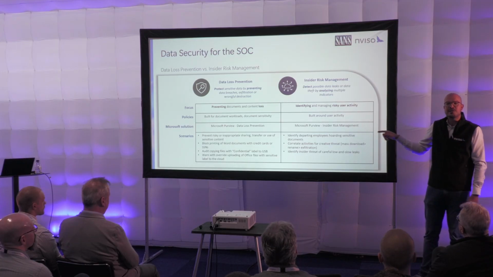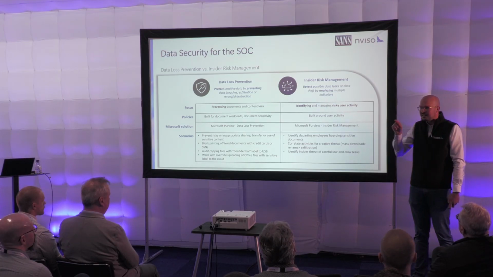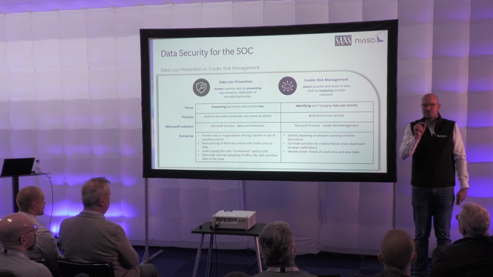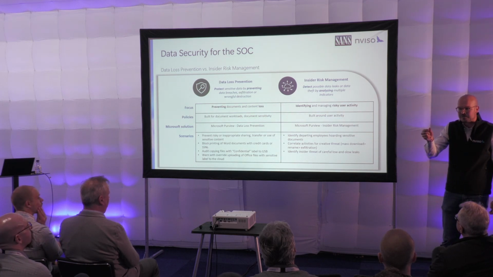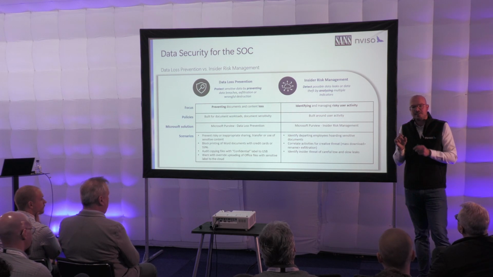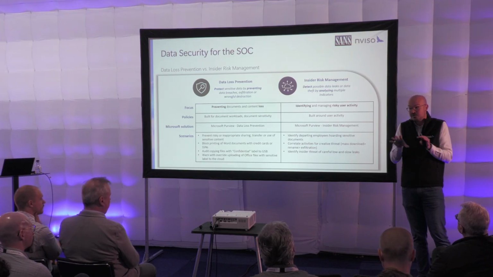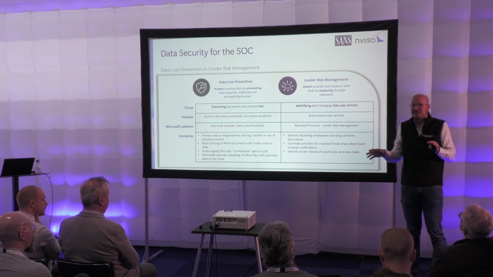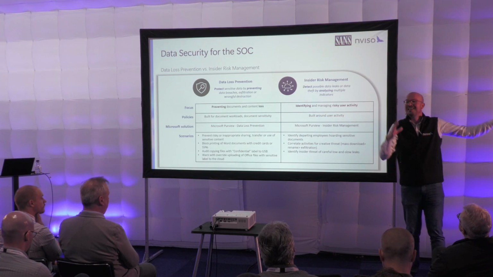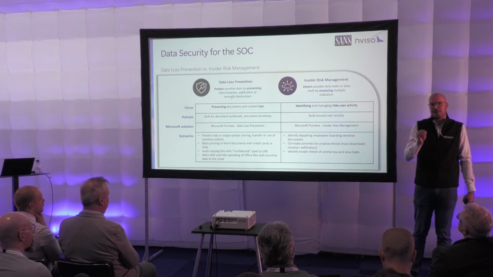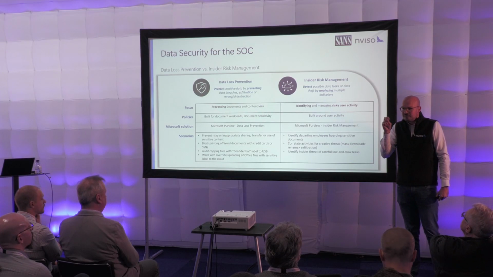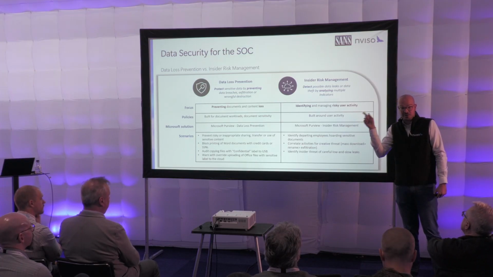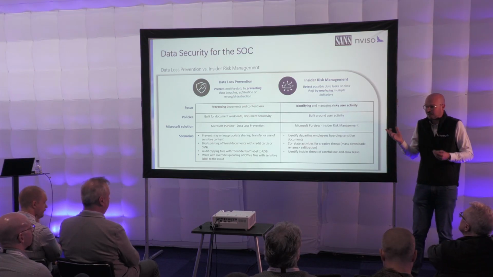But the cool thing with insider risk management is that it identifies and tries to immediately weigh in on risky user behavior. With some simple policies, and this is not the same as a data labeling project that takes years to complete, you can already start to identify: is someone doing what they're doing with that data, what I just showed you, that alert, is this now malicious or not?